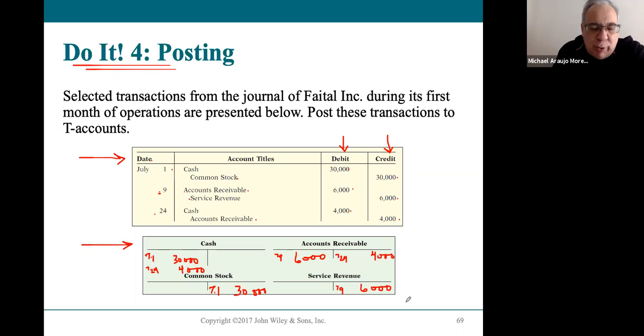Of course, after we post, we can actually tell what the balances are. Cash has two debits, so you add them together: $34,000 debit balance in cash.